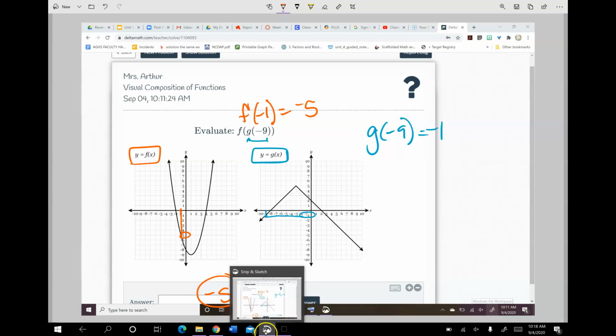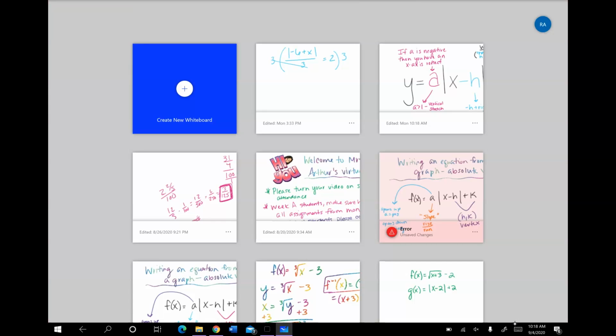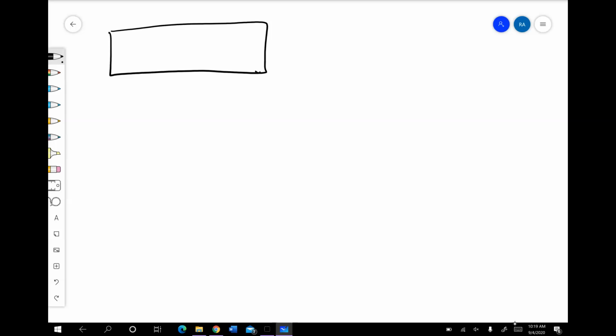Okay? Alright, so now we're going to go to tables. Okay, I have made my own problem with this one. So I give you these 2 tables. So I'm going to give you the first table. So the first table is going to be your f of x table.